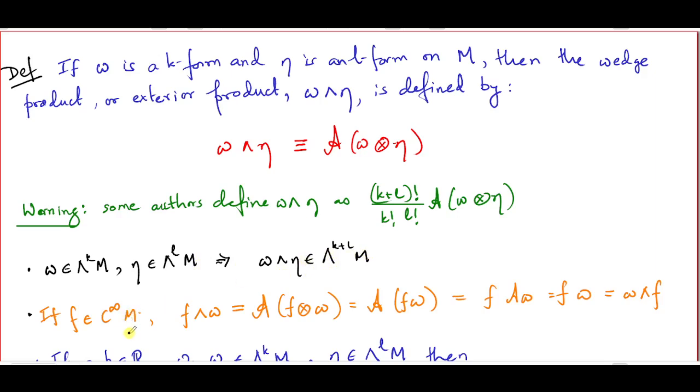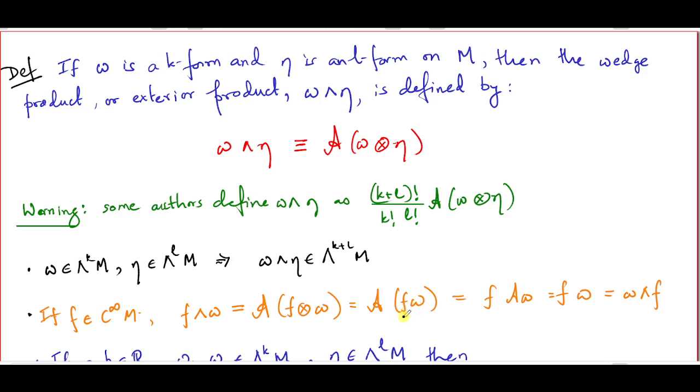Another result which is pretty obvious from the basic construction as well as properties of tensor products and so on is that if f is a C infinity function, that is f is a smooth function, then it's also a 0-0 tensor or a zero form. So f wedge omega, if we just use this definition, is going to be the alternator acting on f tensor product with omega. But a tensor product of a function f and a form is just f times omega.